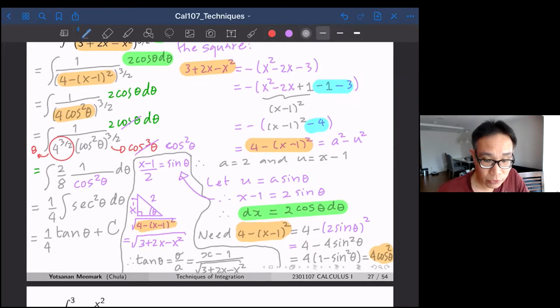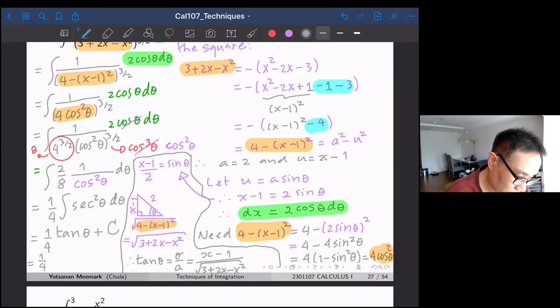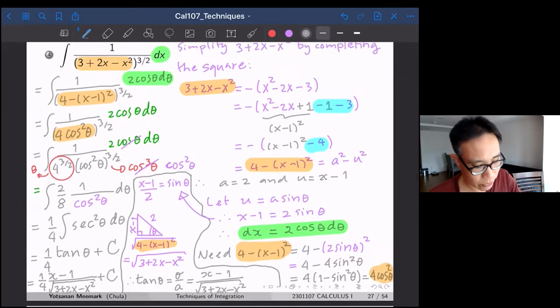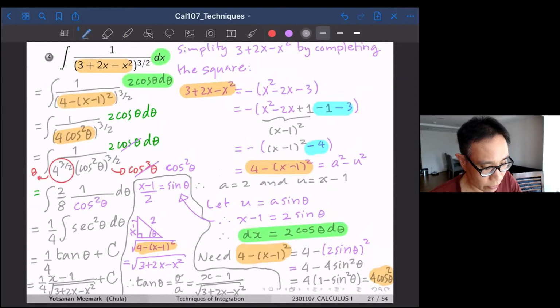So for final answer, this guy will be 1/4 x minus 1 over square root 3 plus 2x minus x squared, okay, plus c. Okay, so this is how we have the final answer.